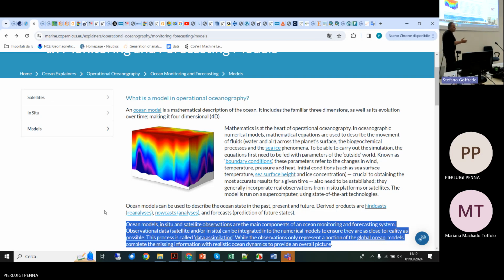Obviously, nowcast, so they perform the forecast for the next days. Obviously, in the last years, using powerful supercomputers and optimization of algorithms, we have magic results if we compare the results with 10 or 20 years ago.